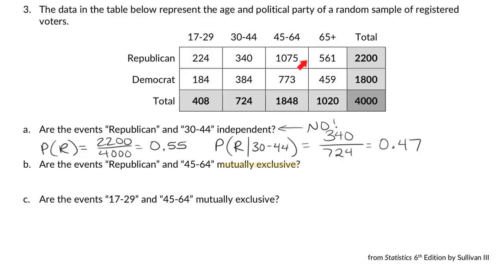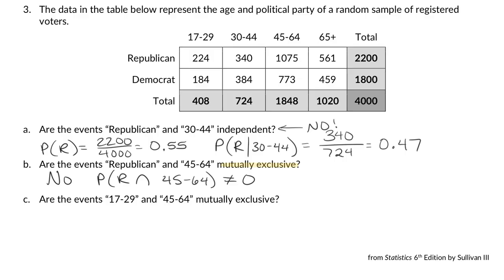Here's Republican. Here's 45 to 64. Is there an overlap? Yes. So we say that these are not mutually exclusive because the probability of Republican and age 45 to 64 is not equal to 0. If it was equal to 0, you say yes for mutually exclusive. Different word for mutually exclusive is disjoint.